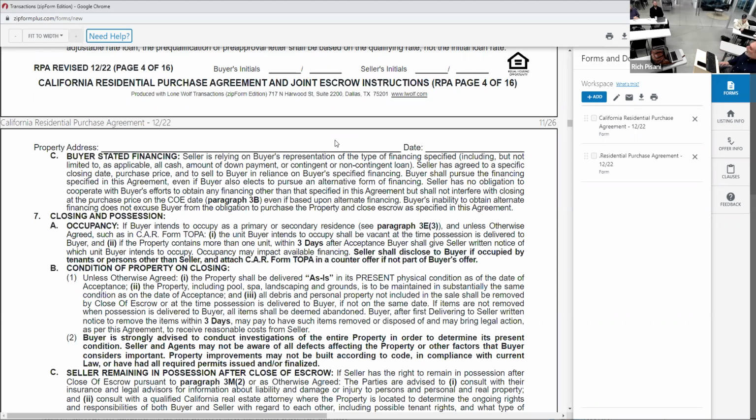Not really. I would probably advise the seller to go ahead and let them do the appraisal. It's just that we're gonna hold everything else, and they're not gonna be able to extend the close of escrow. They can't do any of that. If they can't get this loan in time, then they're just gonna have to close with cash. But the seller doesn't have to cooperate.